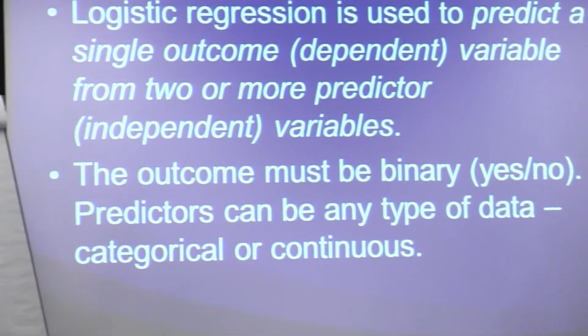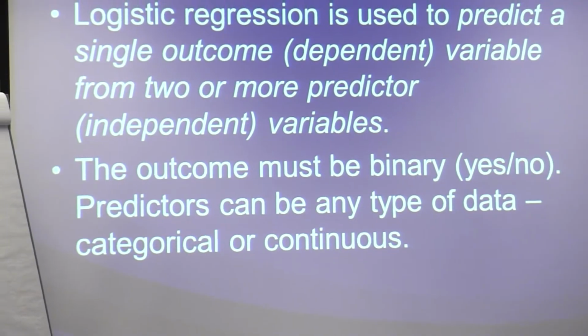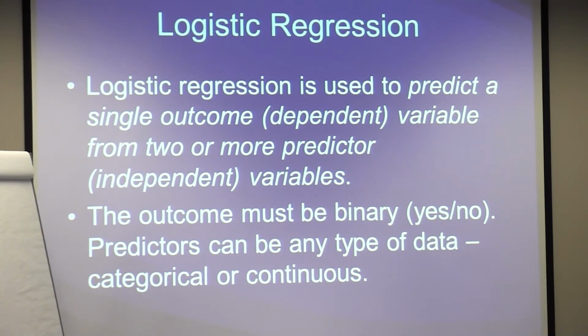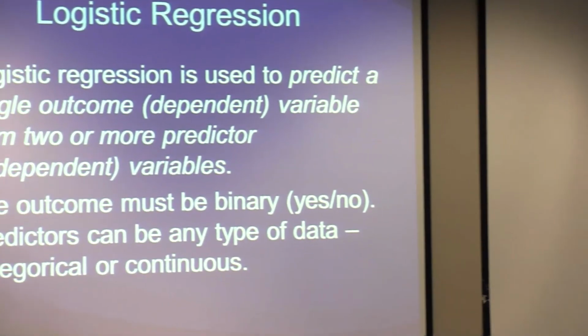Okay, so I was saying earlier that I had reworked this presentation just a little bit. This is actually the first time I've put logistic regression in here, because when I first started teaching this course a number of years ago, it wasn't common really at all.